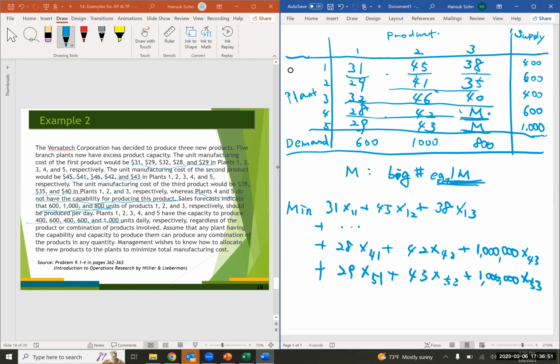That's going to be the objective function of this example number 2.